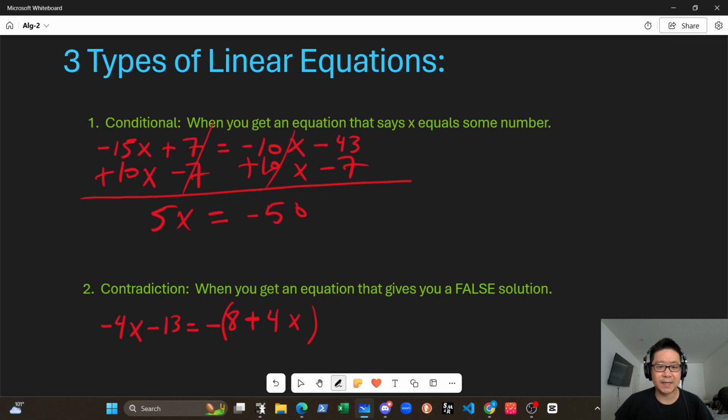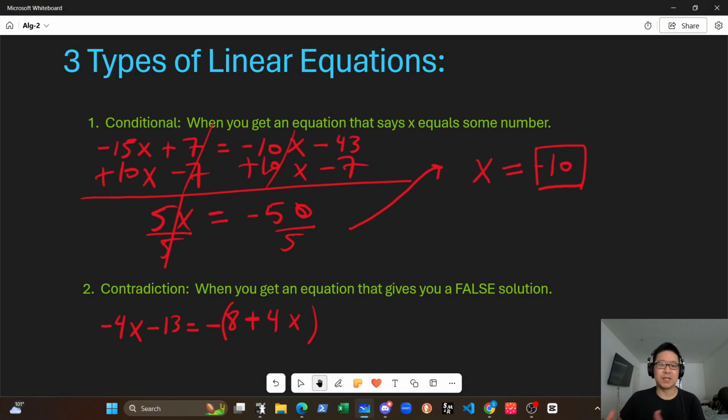Okay, we're going to isolate x by dividing by 5 on both sides. Okay, the 5's cancel, and so we're just going to get x equals negative 50 over 5 is negative 10. Okay, notice how we just get a regular answer, x equals negative 10. And that's the conditional type of equation.